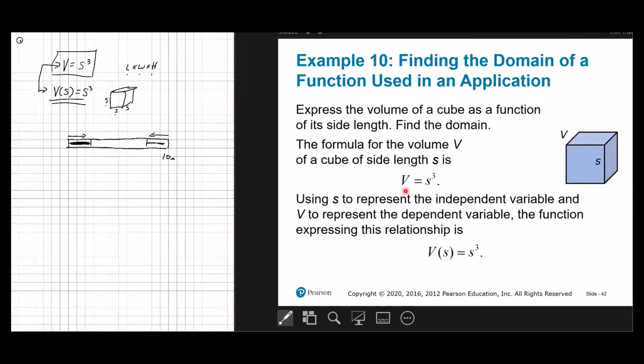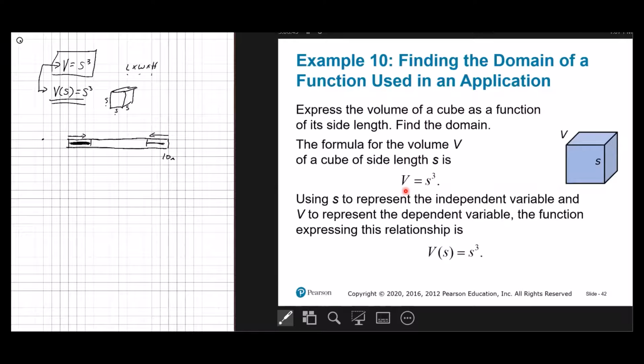Can you repeat the question, sir? Can I have a length of 0 for this cube? I don't know, because the 0 doesn't represent. Can you build a cube that is 0 inches on a side? No.